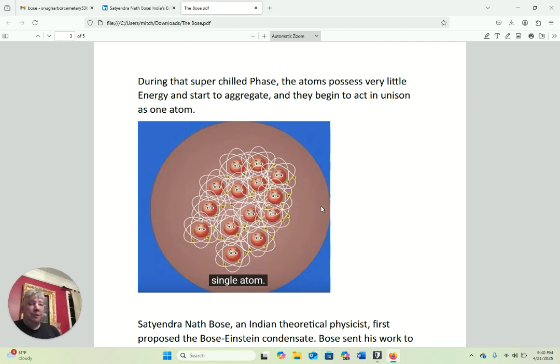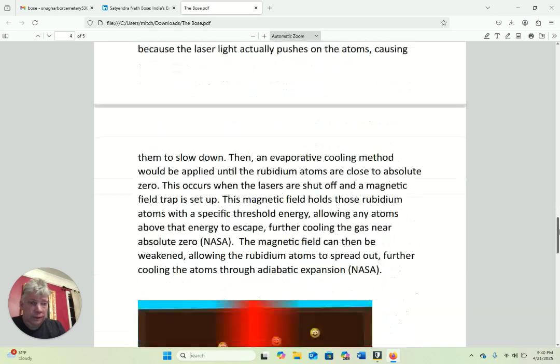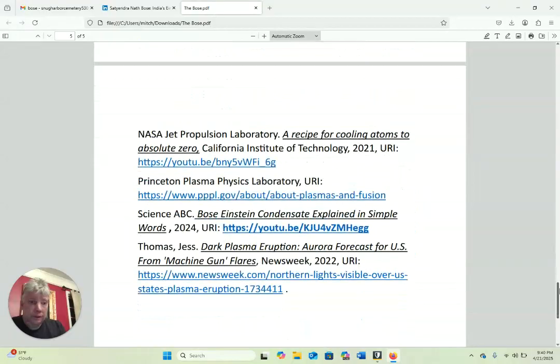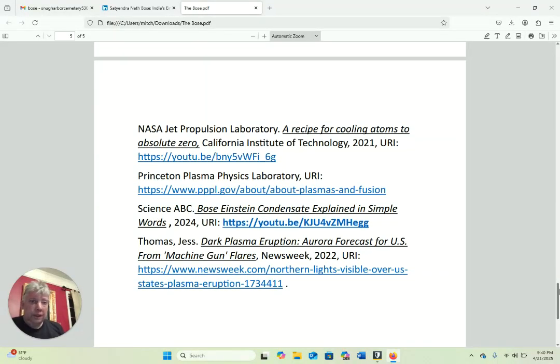So it was really enjoyable learning a lot about this. I watched a few videos on it as well, and I've got some sources down here. NASA's Jet Propulsion Laboratory, a recipe for cooling atoms to absolute zero. It's really a nice video. Princeton's Plasma Physics Laboratory, there's a video there. And the Bose Einstein Condensate explained in simple words.